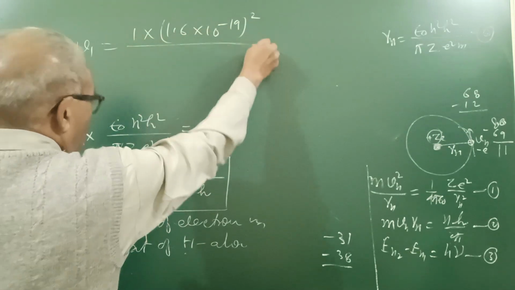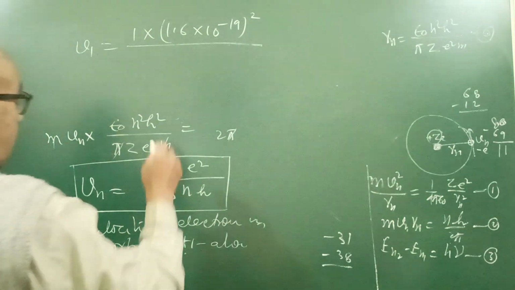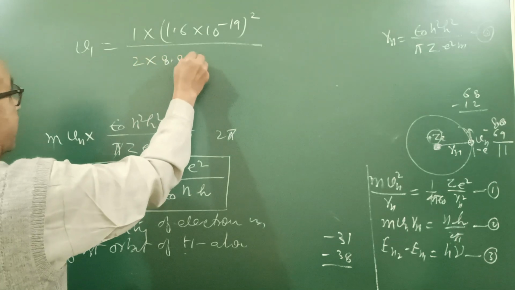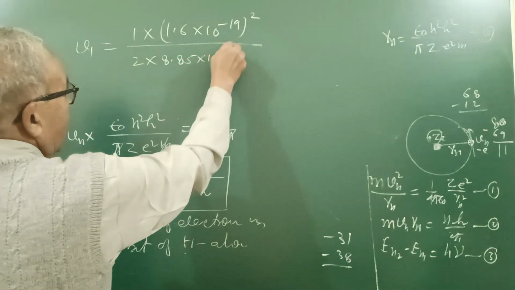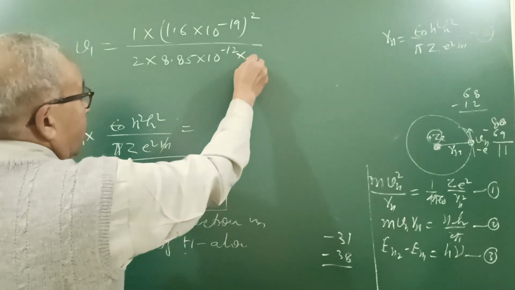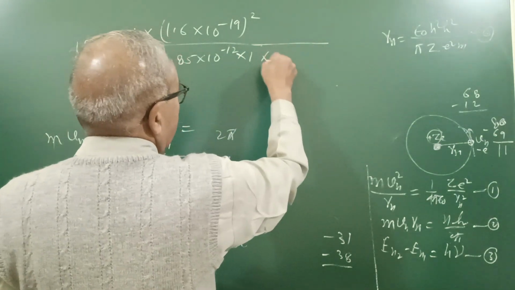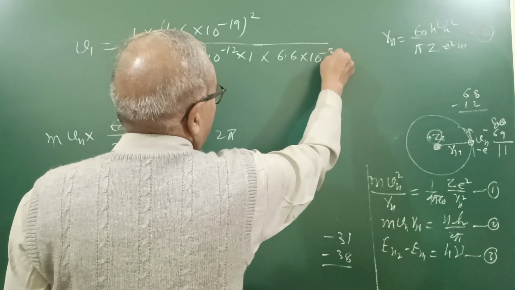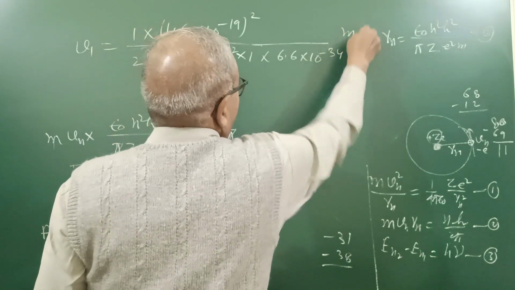Dear friends, improve your skill of calculation. 2 into 8.85 × 10 to the power minus 12 and 1 h, 6.6 × 10 to the power minus 34. It will come out in meter per second.